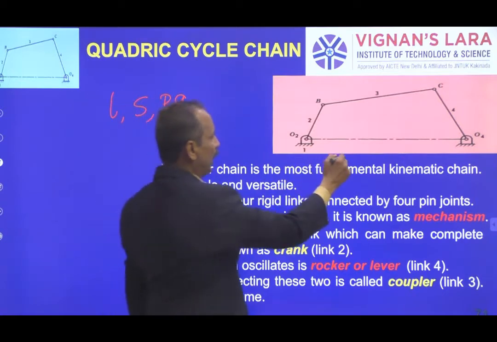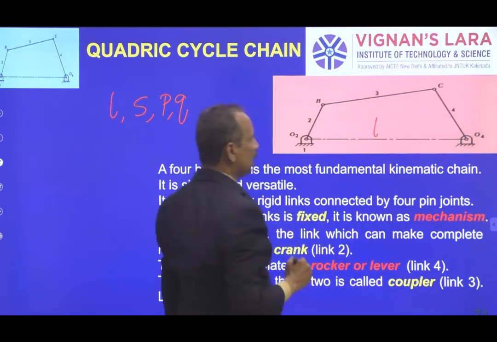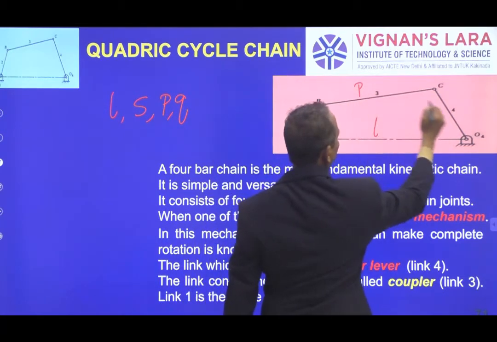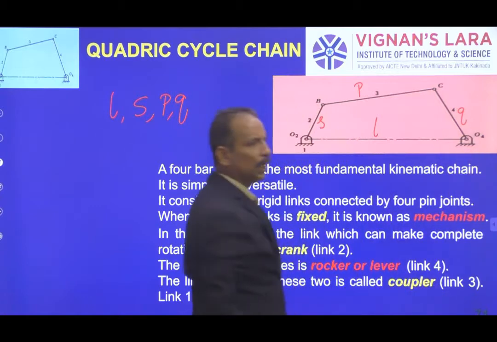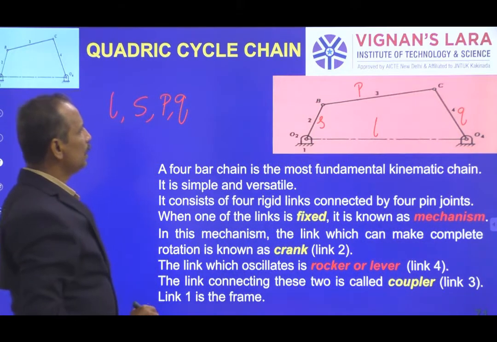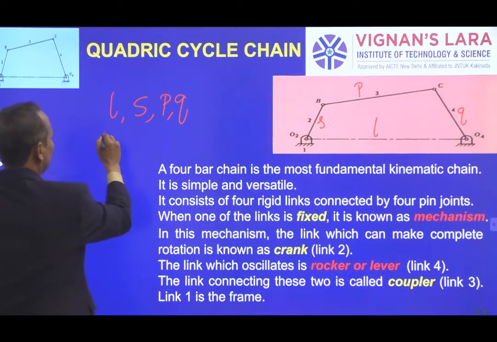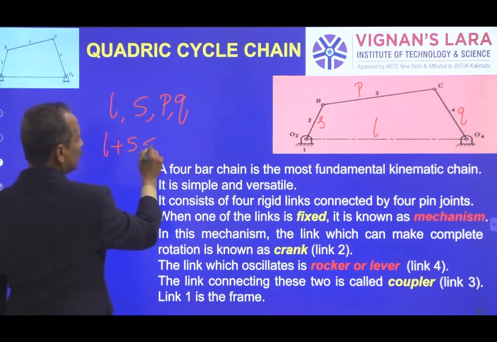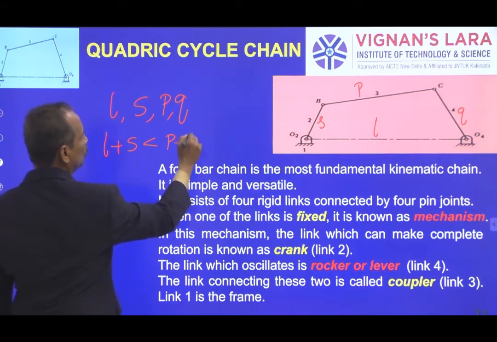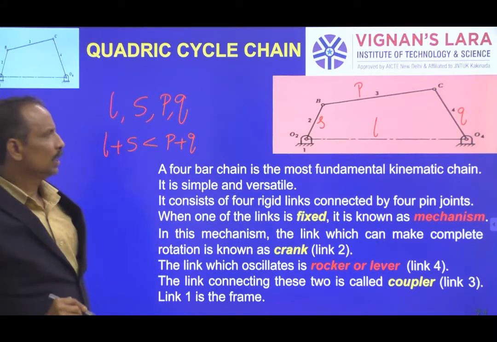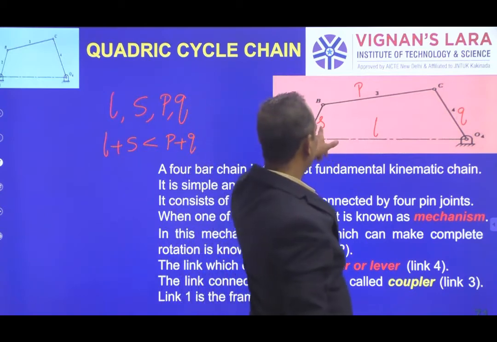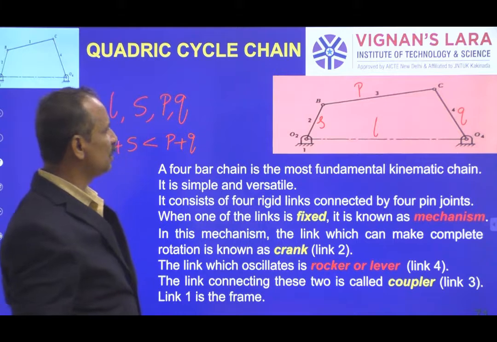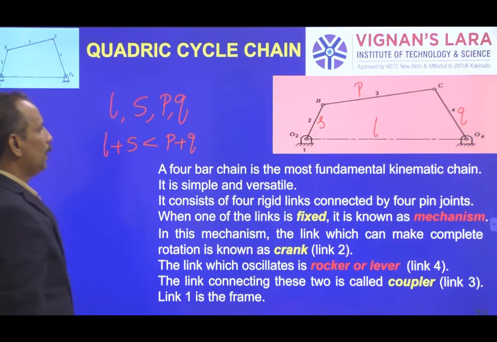In this diagram, this is the largest one, this is the smallest one, and these 2 can be called P and Q. With simple observation you can tell that L plus S is less than P plus Q. That is, the largest link plus shortest link length is less than P plus Q. It results in a Grashoff's first type mechanism.